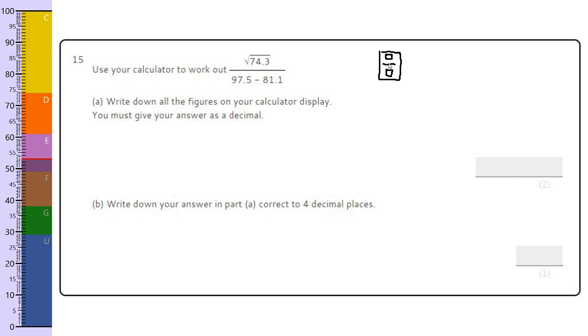Use the cursor button, the circular button beneath the screen, to press down, and it goes down to the bottom, and you just type in 97.5 take away 81.1, and that calculator does everything for you. Just press equals and it brings up the answer for you.